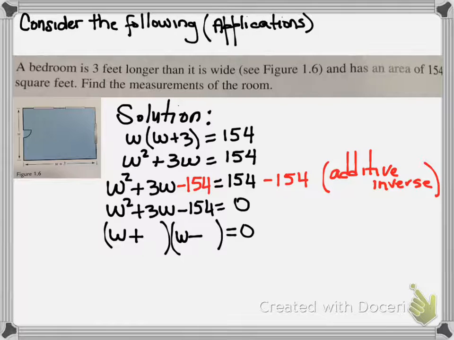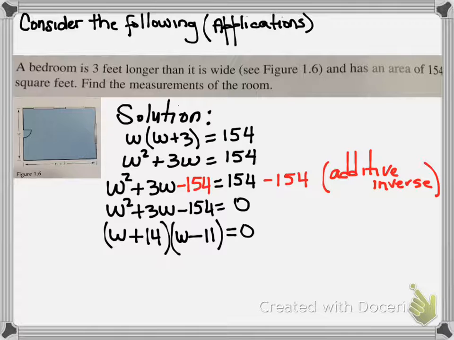Which number does that? If you have to do a t-table and so forth, or consider all the factors of 154, you will end up with 14 and 11. If I take 14 plus negative 11, I get positive 3.